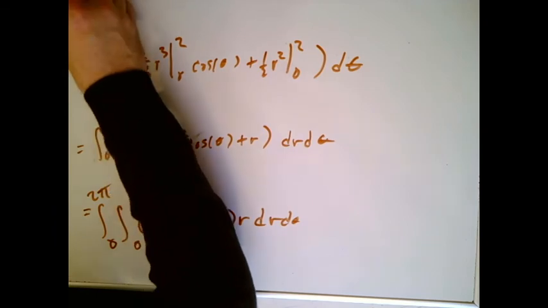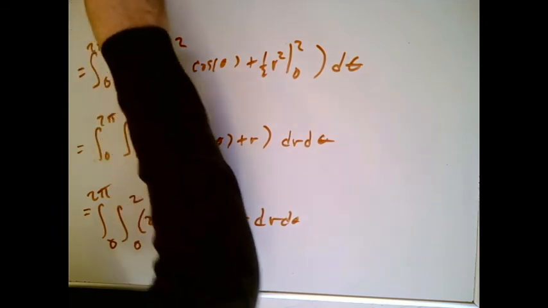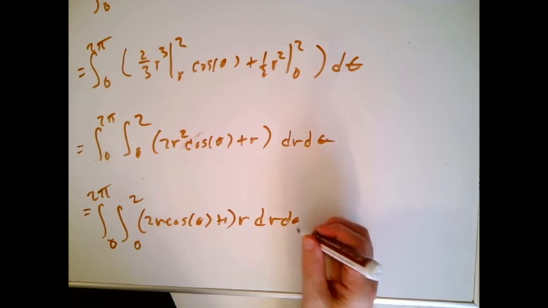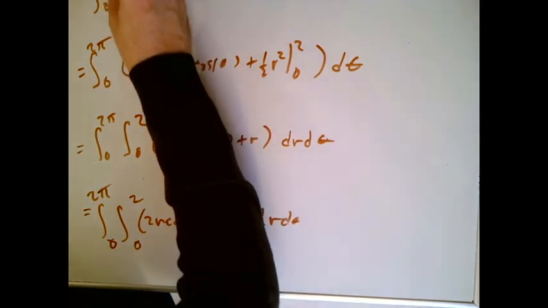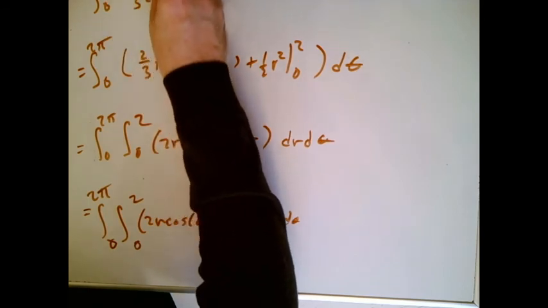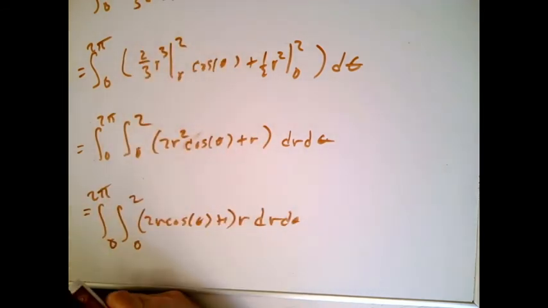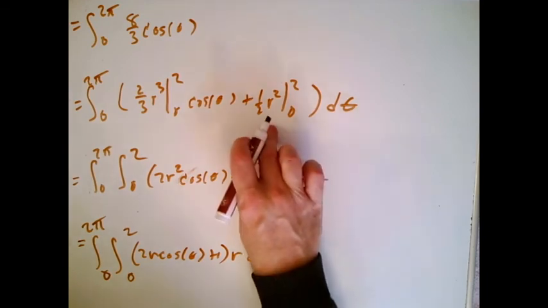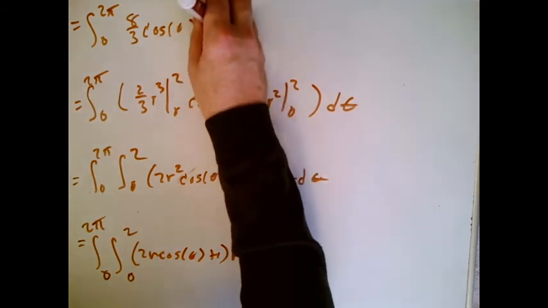So I get the integral from 0 to 2 pi. Let's see here, that's going to be what looks like 8/3 cosine theta. When I put in the 0 into the r cubed, I just get 0, so I don't have to worry about that. When I put in the 2 into r squared, I get 4, and this should just be plus 2.